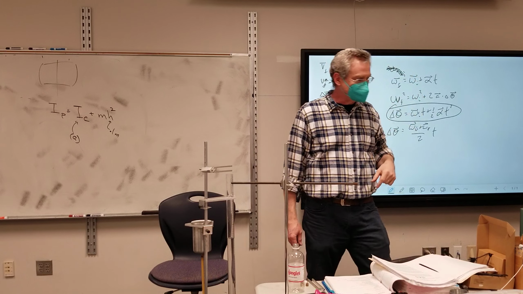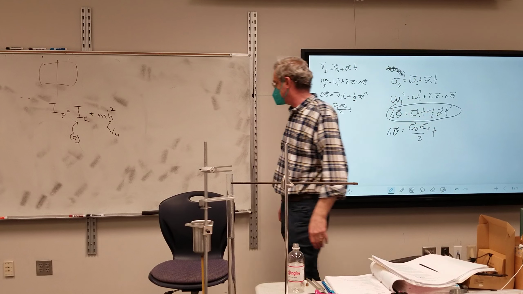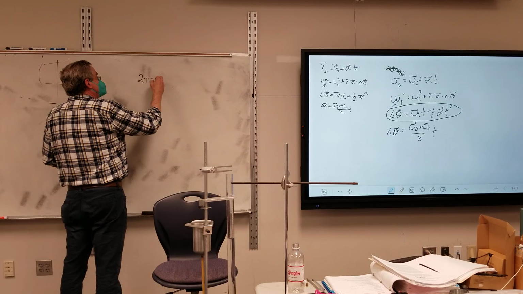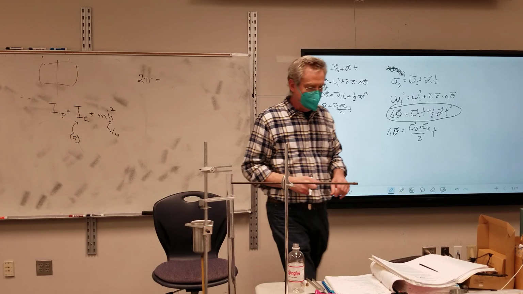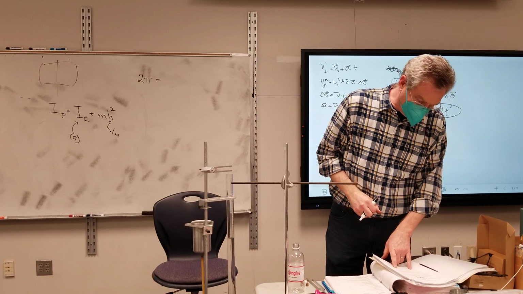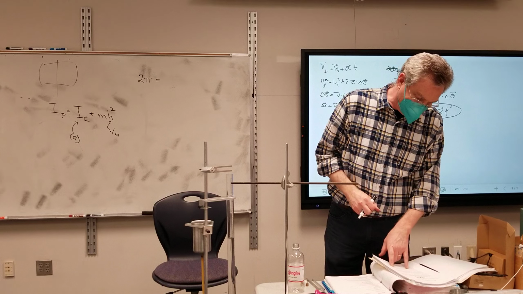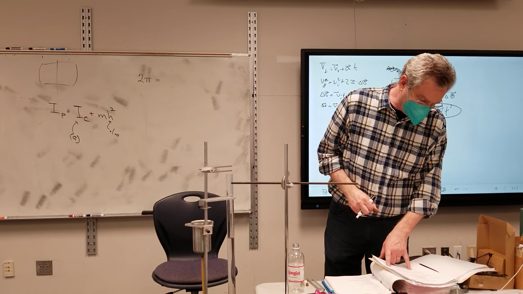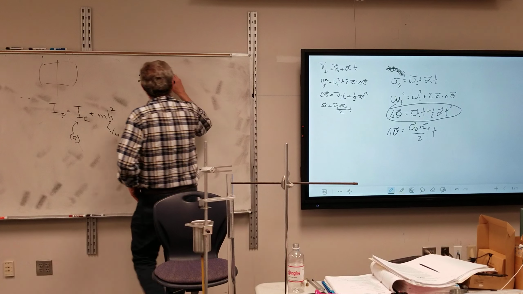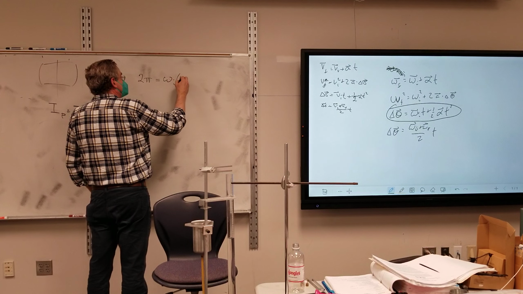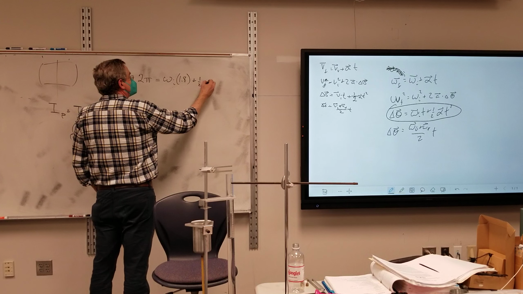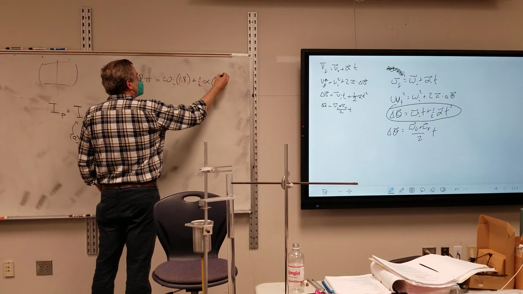Thank you. 2 pi, yes, we want to use radians. So I have 2 pi equals, well, I don't know omega I and I don't know alpha. First complete revolution takes 1.8 seconds. So I know this is omega I times 1.8 plus 1/2 alpha 1.8 squared.